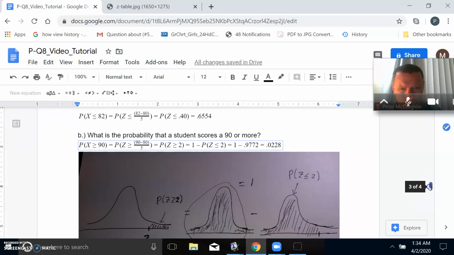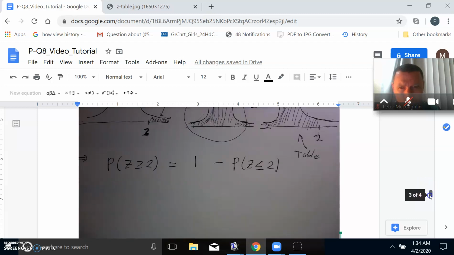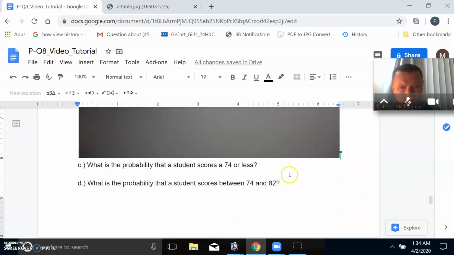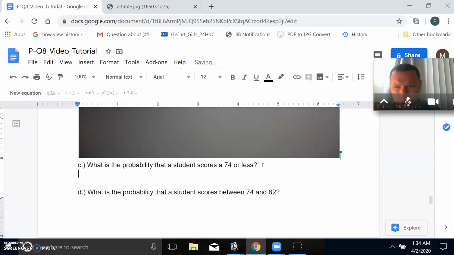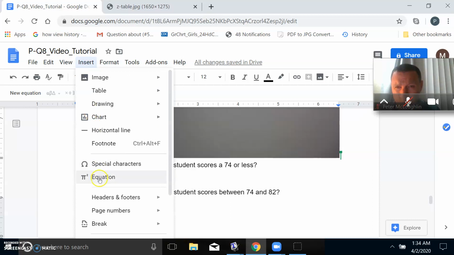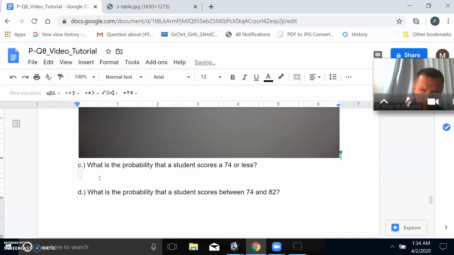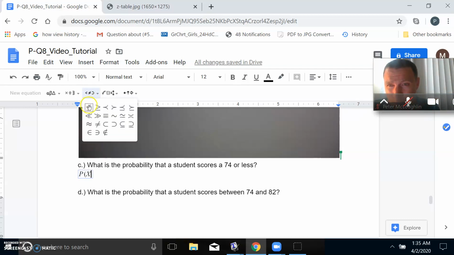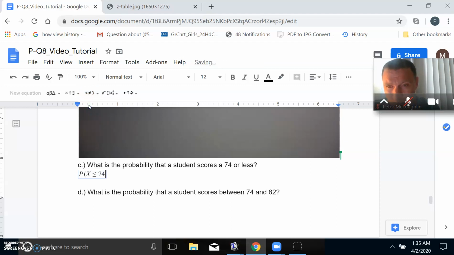Okay, so let's go on to part C now. So this one, we define the probability that a student scores a 74 or less. Okay, so probability x is less than or equal to 74. So we'll do our z-score on this.